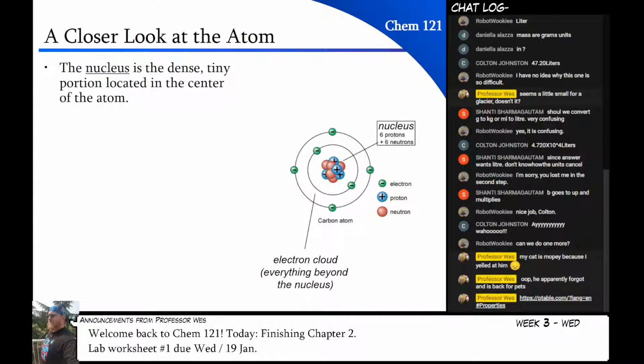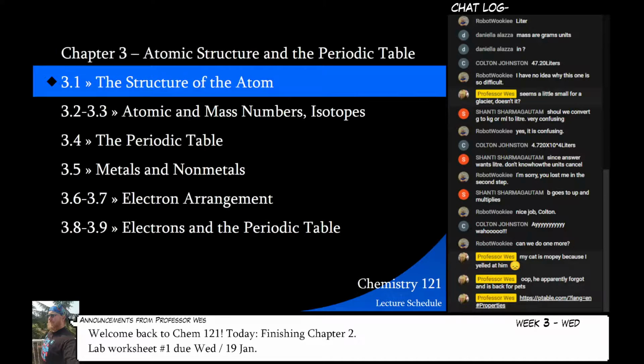Chapter 3 involves the structure of the atom and then also things that we can do to identify parts of it. It is a very simple overview of what are the things in the atom that are reactive and interesting to us. Now, there is more detail at the end of the chapter. On my slides, sections 3.6 through 3.7 are electron arrangement, and 3.8 and 3.9 are electrons in the periodic table.